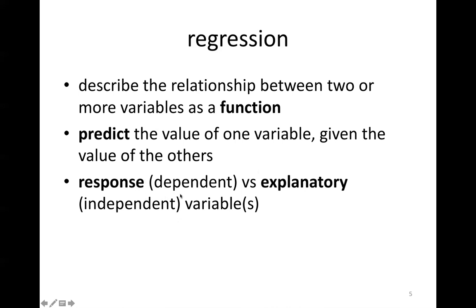One is the response, generally one response, also called the dependent variable, and we have at least one, but potentially more, explanatory variables, also called independent variables. So philosophically, we would expect this type of relationship to be able to use this function for prediction.